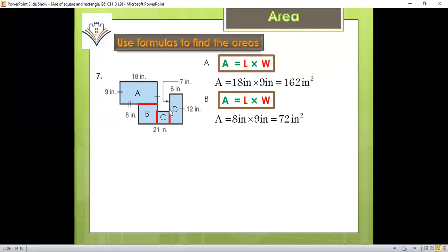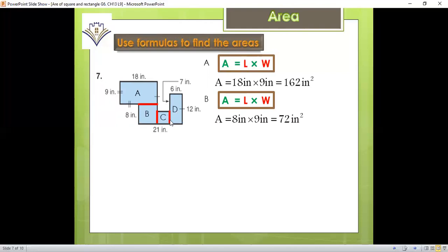The remainder, 12 minus 7, equals 5. Why do we say 5? Because this is 7 and this point is 5, and 5 plus 7 equals 12. Then this red line is equal to 5.